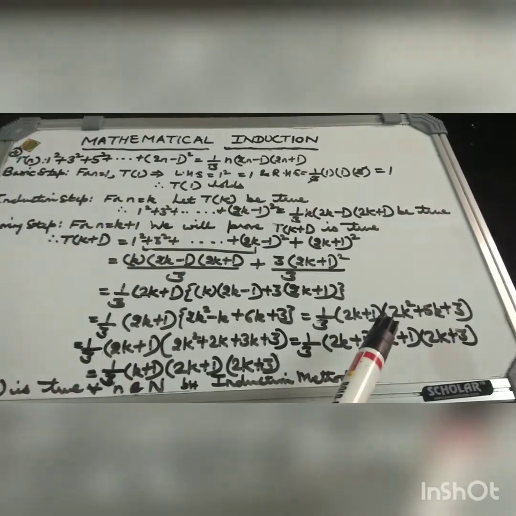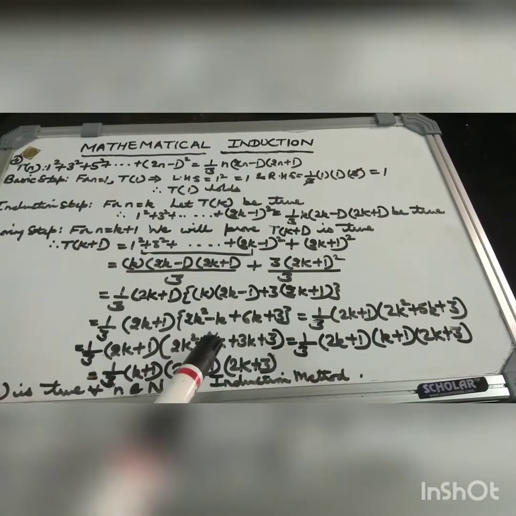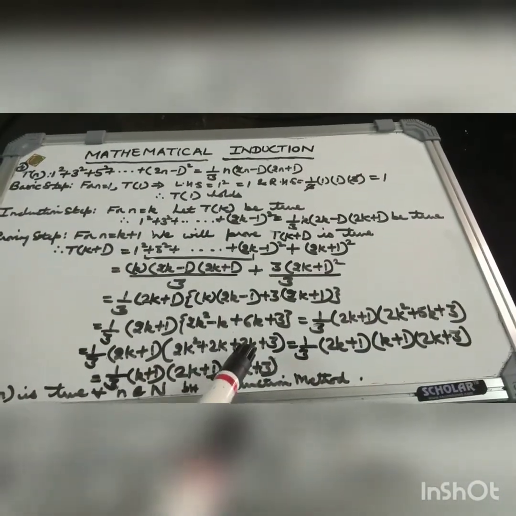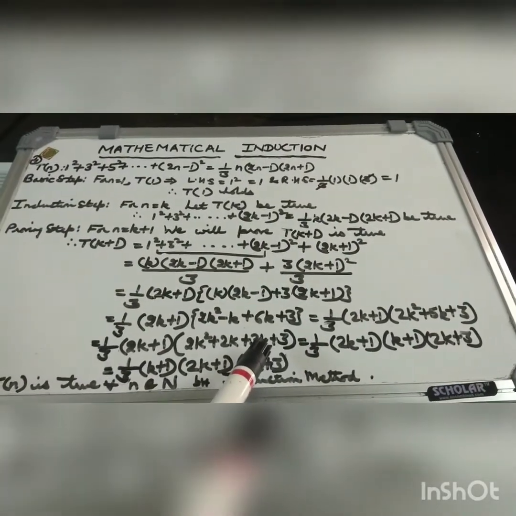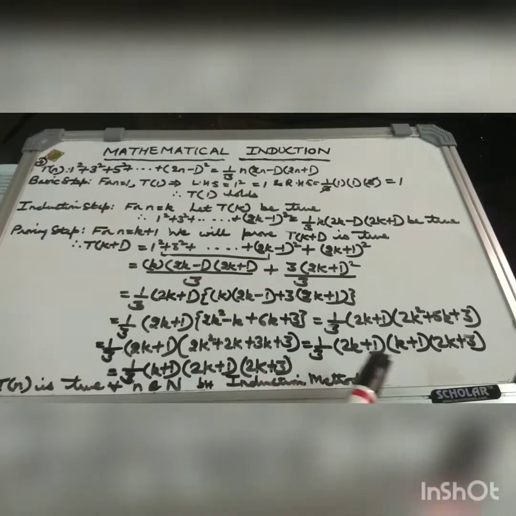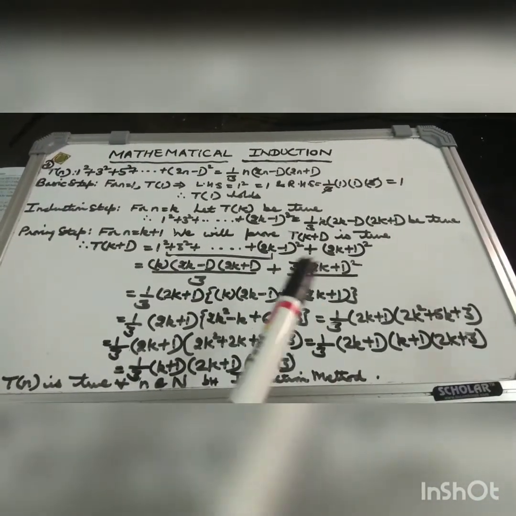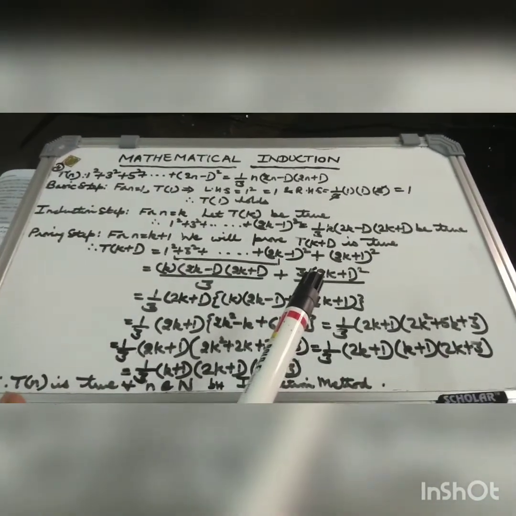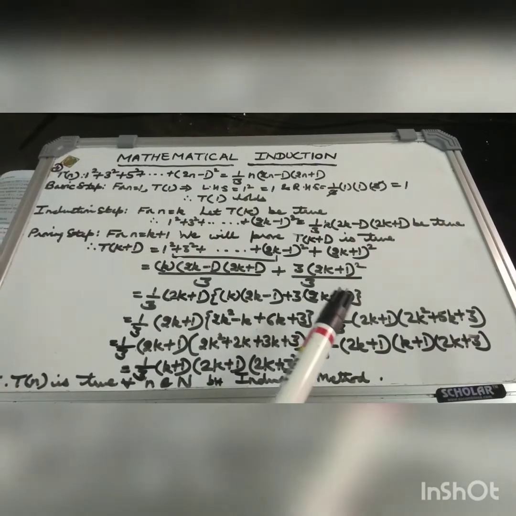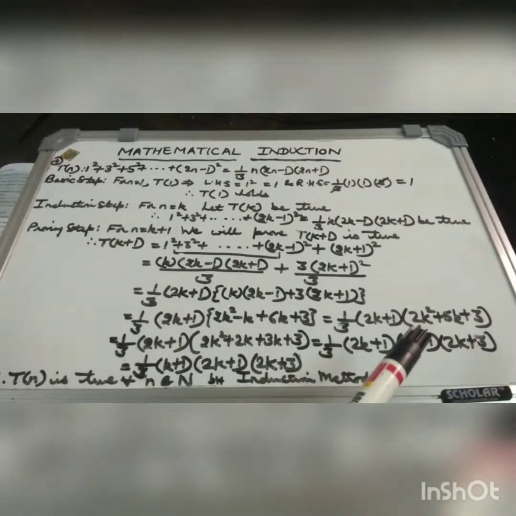Now quadratic expression, you will try to break the middle term and then factorize it properly. All of you know how to factorize. I have done the factorization. You can do it in your own way. I am simply giving you the hints so that you follow the steps and you should know what step you are going to do.